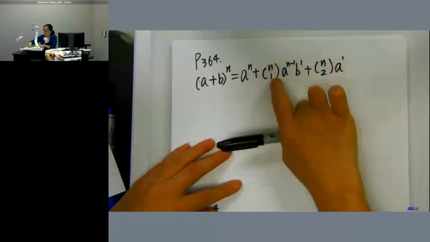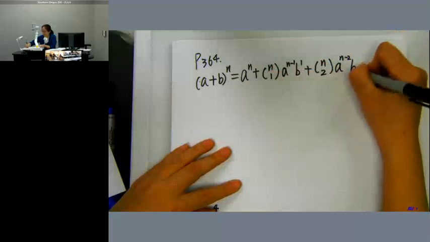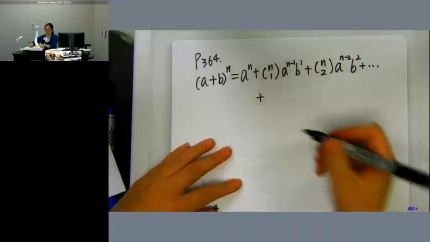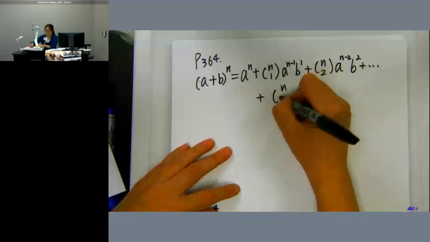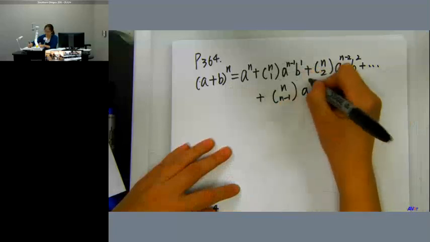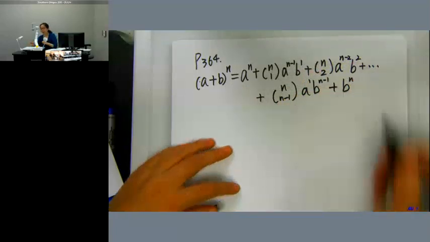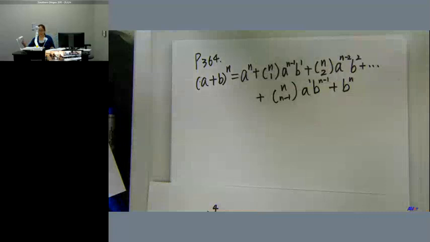So n choose 1, n choose 2, plus dot dot dot, because there are n of them. We're just going to write down the first 3 terms and last 2 terms. The formula looks kind of complicated, but once I explain it, it shouldn't be too difficult to memorize.